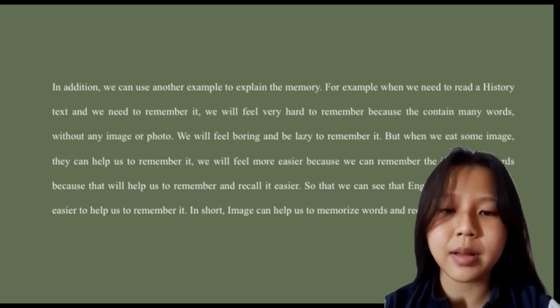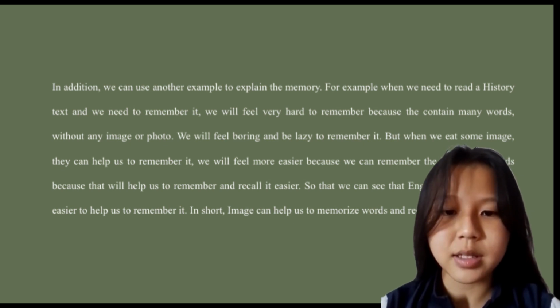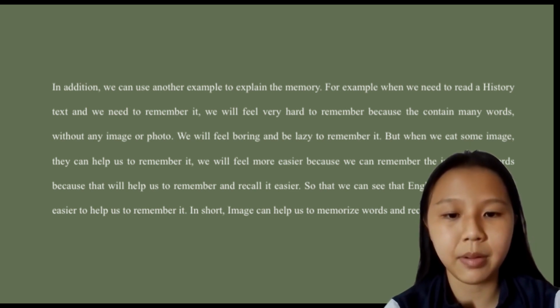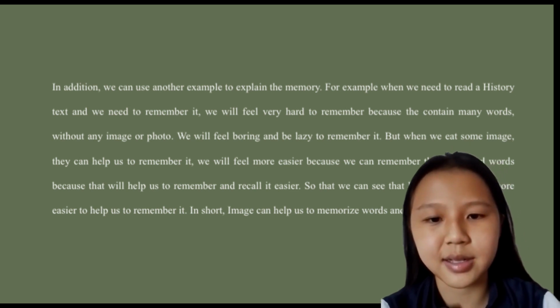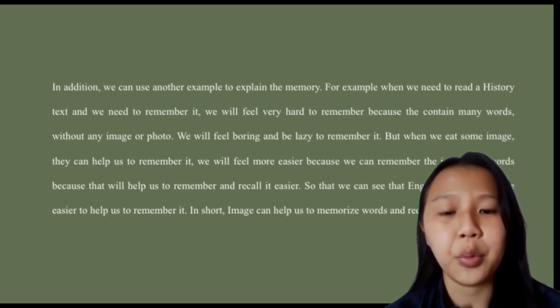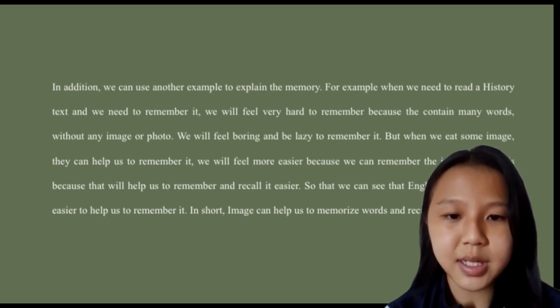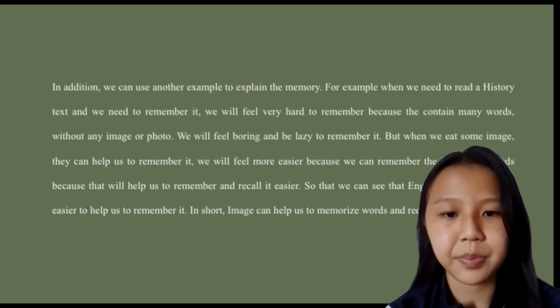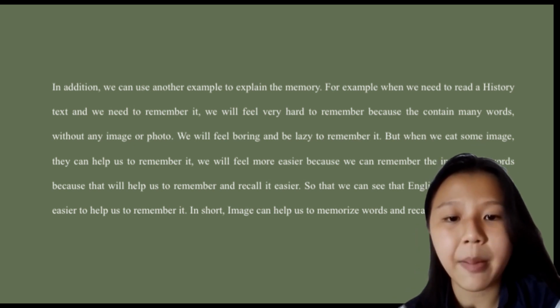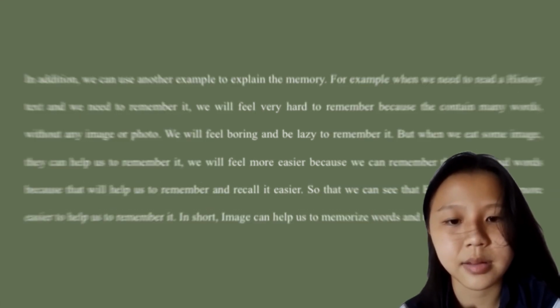When we remember it, that will cause us to recall it more easily. So we can see that image memory helps us remember more easily. In short, images can help us memorize the words and recall them more easily.